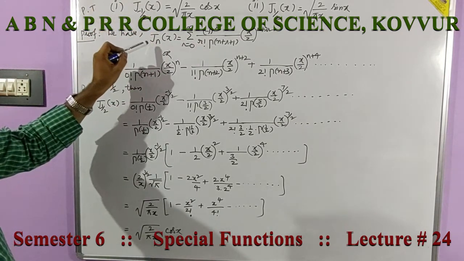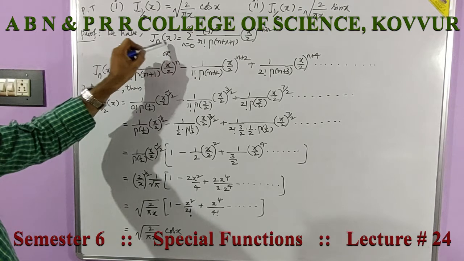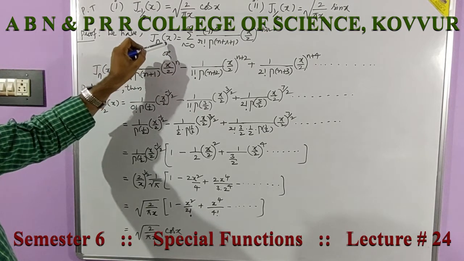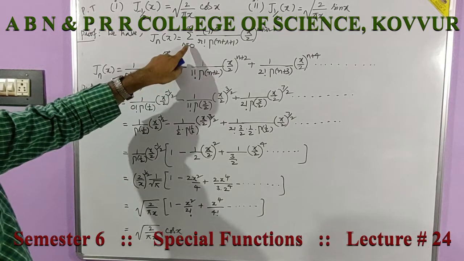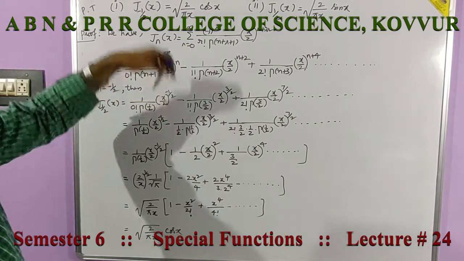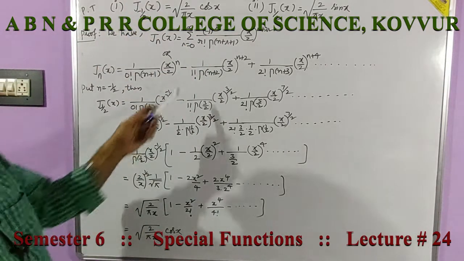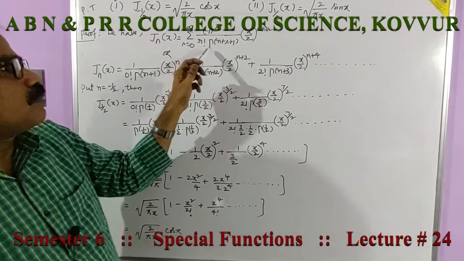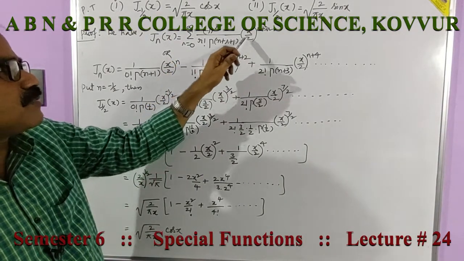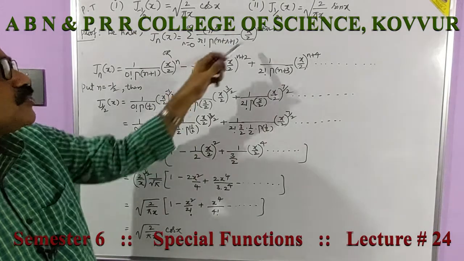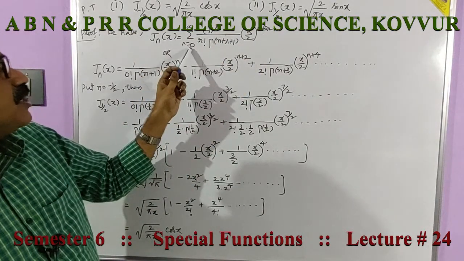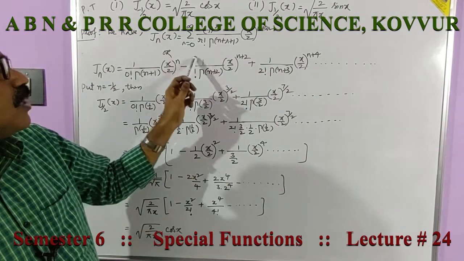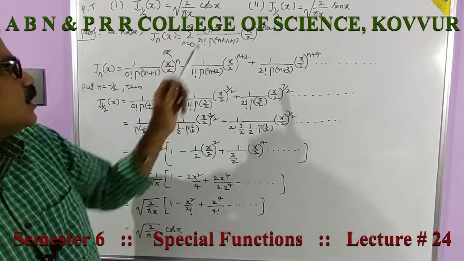Let us have J n x, the standard Bessel's polynomial, is equal to sigma r equal to 0 to infinity, minus 1 power r by r factorial into gamma n plus r plus 1, x by 2 to the power of n plus 2r. So if you elaborate this by taking sigma r equal to 0, r equal to 1, r equal to 2 going on.